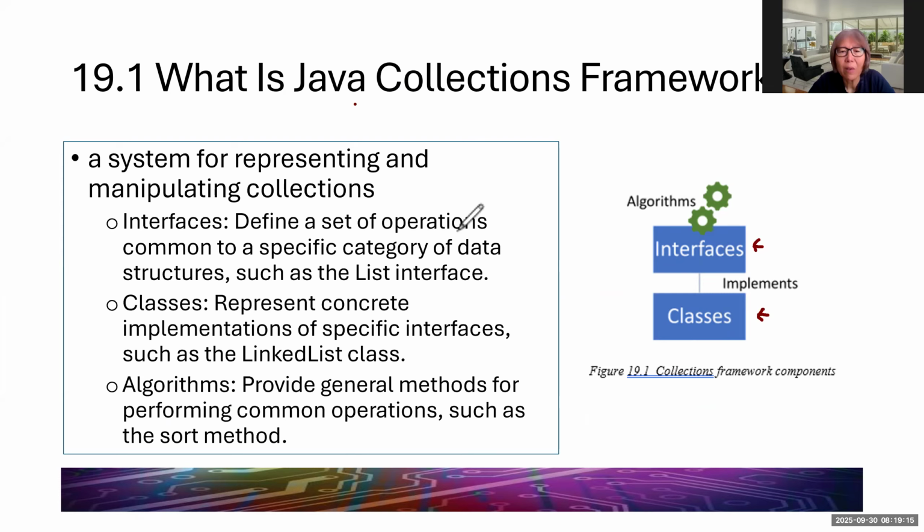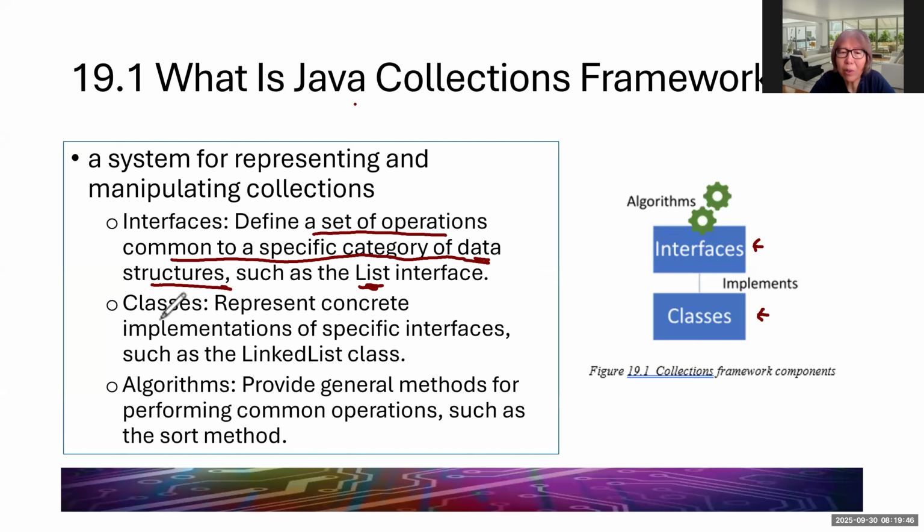The purpose of the interface is to define a set of operations common to some specific category of data structures. For example, the list interface, which we also saw in the previous chapter.